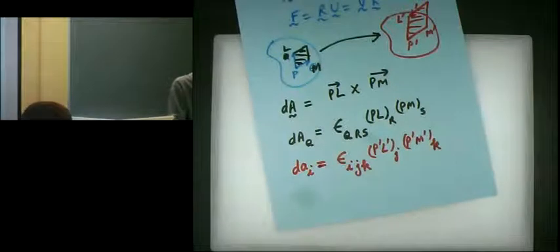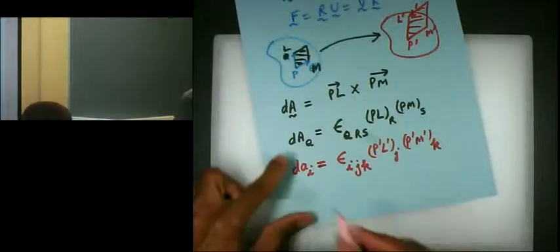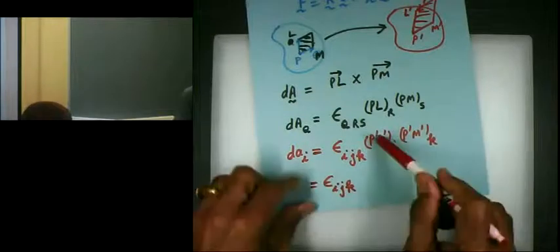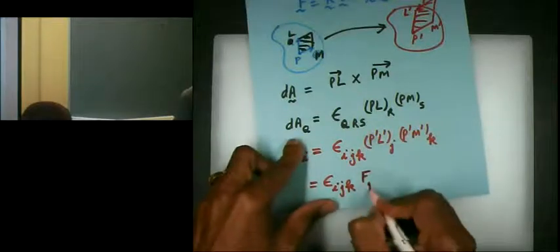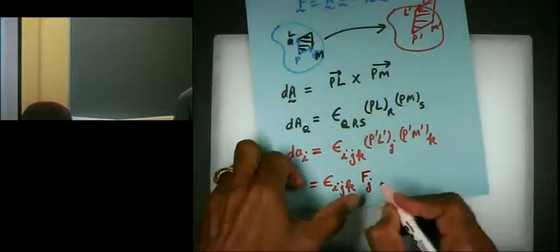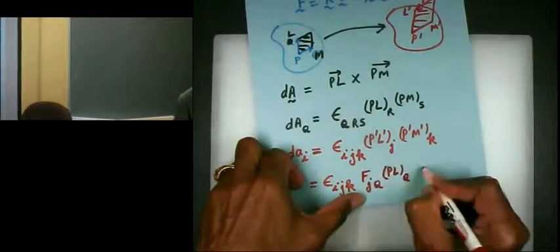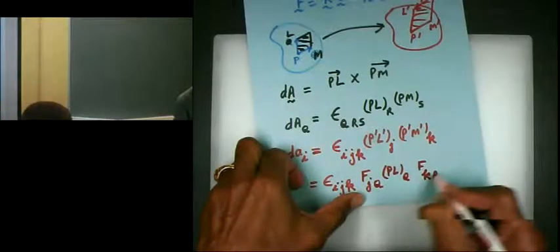So for I equal to 1, 2, and 3, you will get 3 components of the area vector. So we have I, J, K. Since we want to get a relationship between area vector in the deformed state and area vector in the undeformed state, we write these now in terms of undeformed vectors. So that's Fj, say Q, PLQ, and this is FK or PMR.